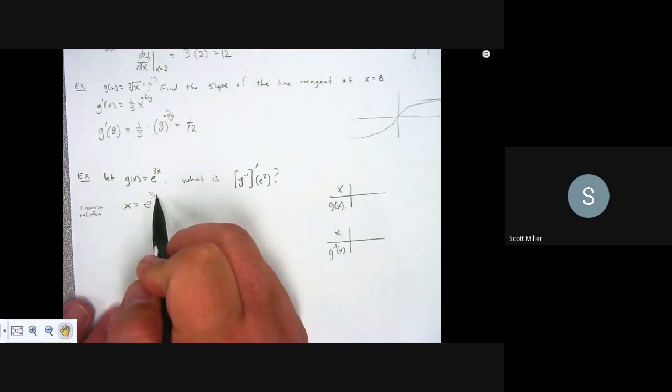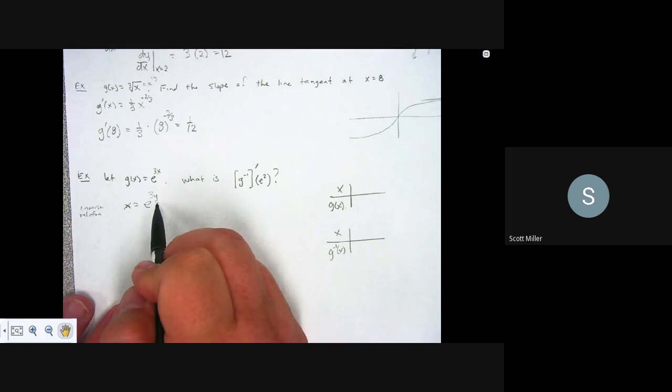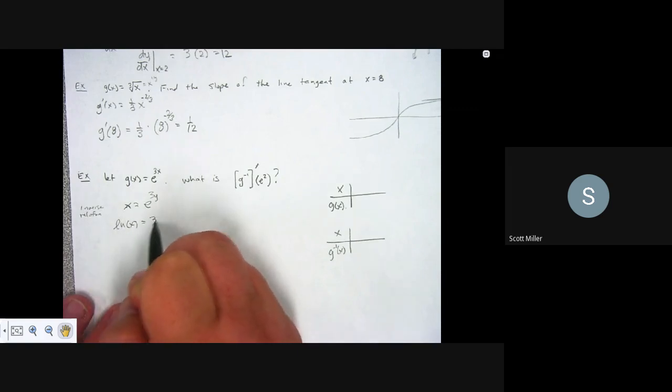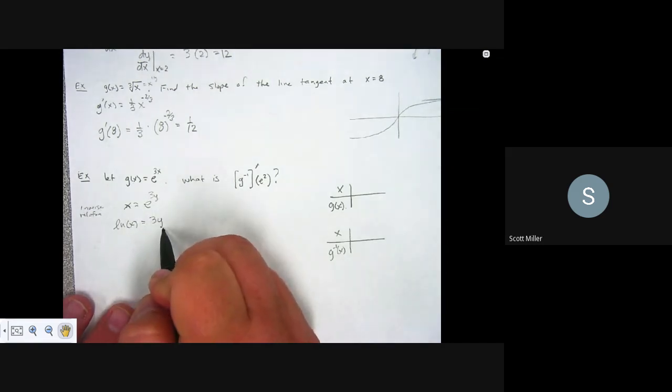We want to find the derivative. Okay? So we're going to take this thing right here and try to solve it for y so I can take the derivative of it. So this right here is going to be the natural log of x equals 3y. Take the natural log of both sides, okay? And then we're going to solve for y.